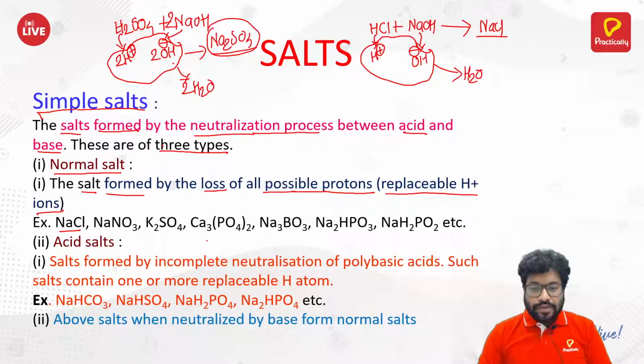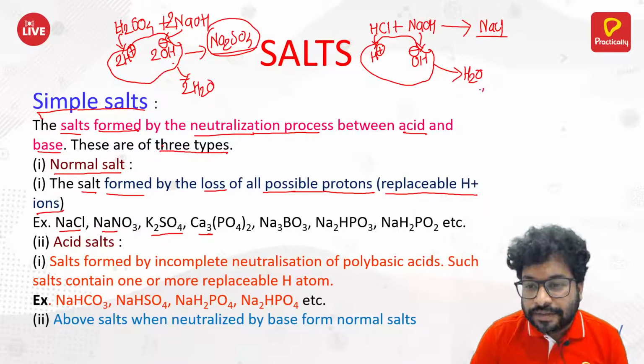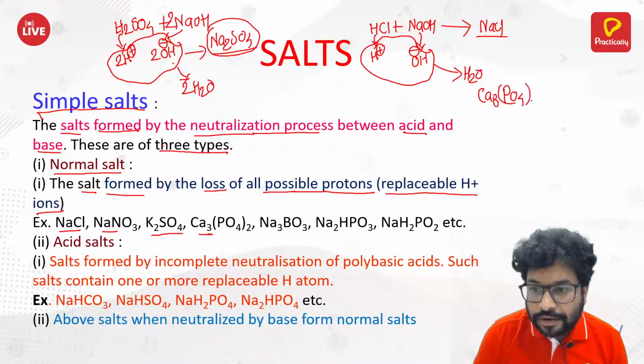So Na2SO4, K2SO4, NaNO3, calcium phosphate. How do we form calcium phosphate? Ca3(PO4)2.